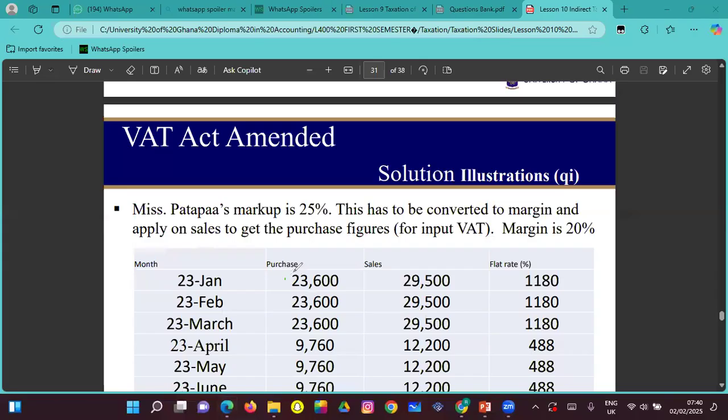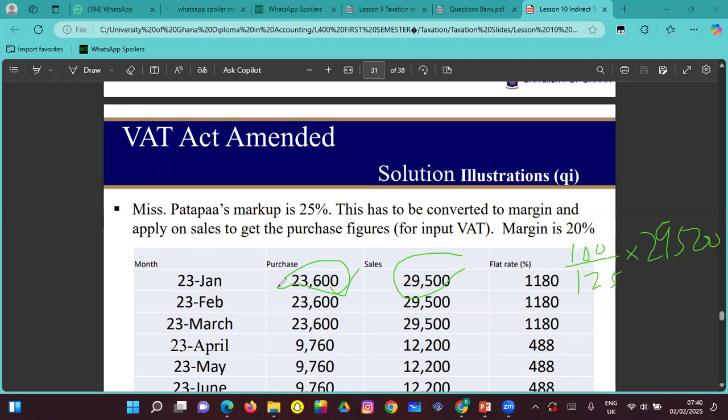These figures you are seeing here were arrived at, since the markup is 25%, as 100 over 125 times the sales. When you do that, you get the purchases.